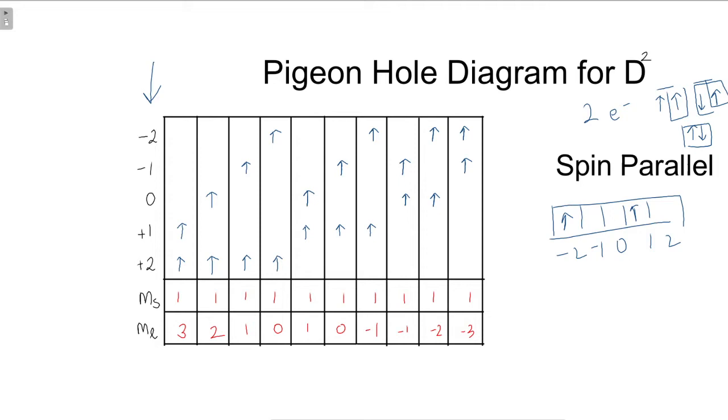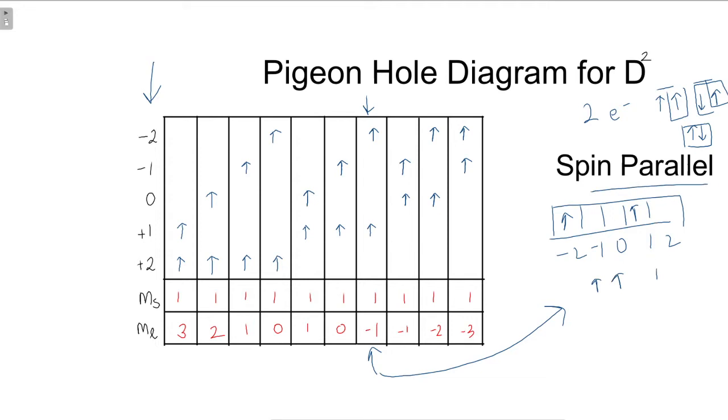Let us take any column and find out what we get. Look at this one, the fourth from the end. Let us calculate the ms and ml values for this. When you have the electrons in parallel spin, what is parallel spin?